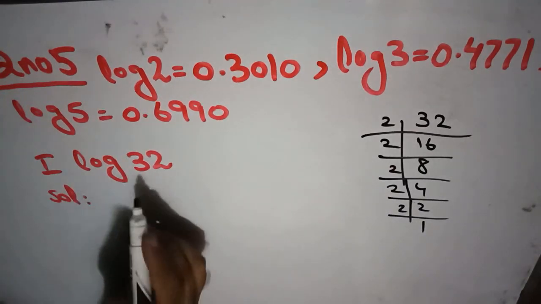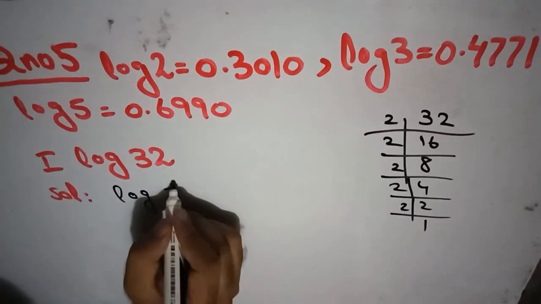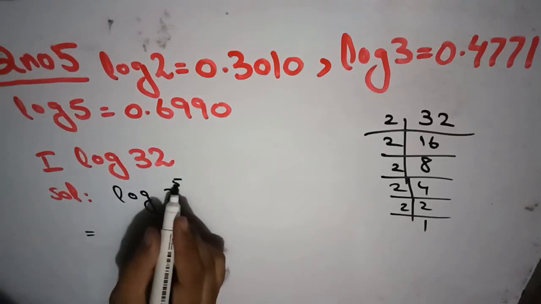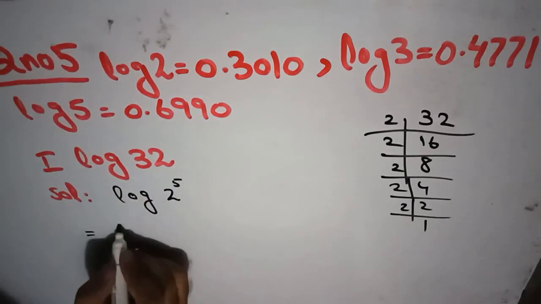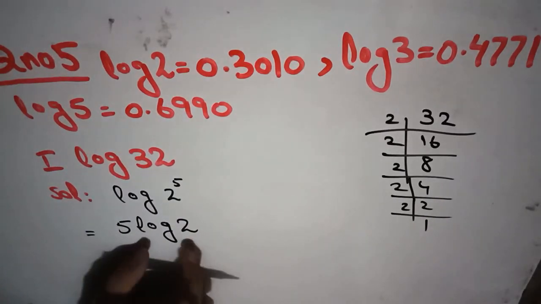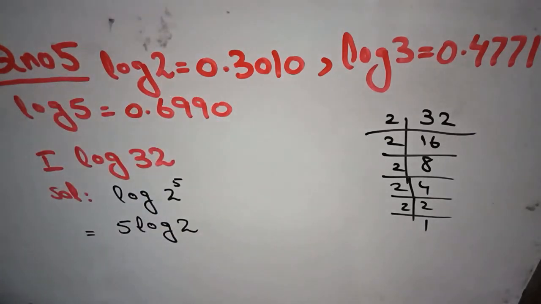Okay, so I will write it as log 2's power 5. Simply in the next step, this power will come before the log: 5 log of 2. Now you have log of 2, and you will put the value of log of 2 in its place.